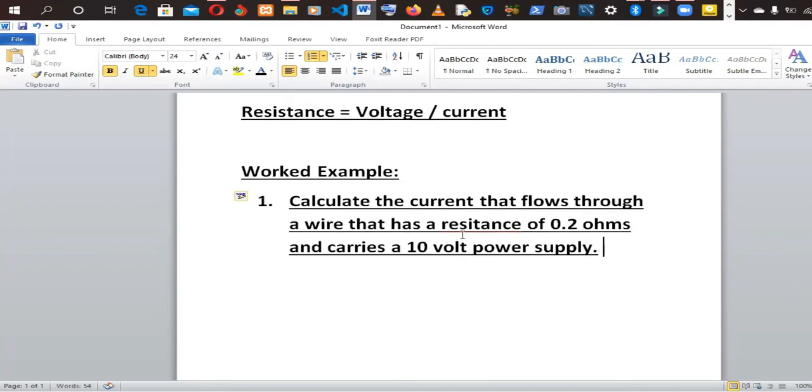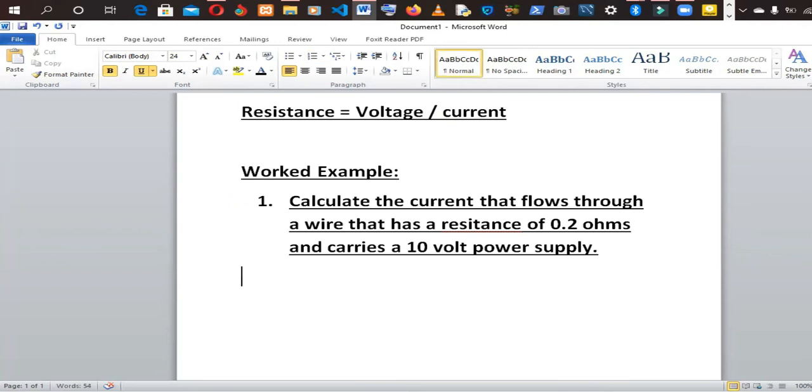Looking at this question, it says calculate the current that flows through a wire that has a resistance of 0.2 ohms and carries a voltage of 10 volts, a 10 volt power supply.